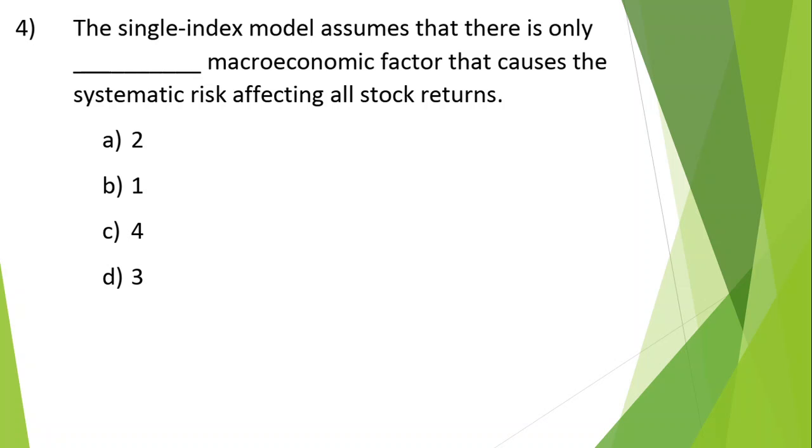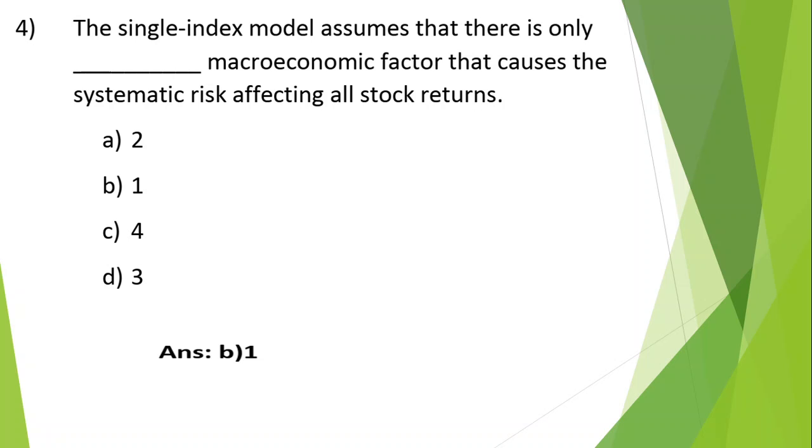Any guesses? How many macroeconomic factors cause the systematic risk affecting all stock returns? The answer is option B, that is one macroeconomic factor that causes the systematic risk affecting all stock returns.